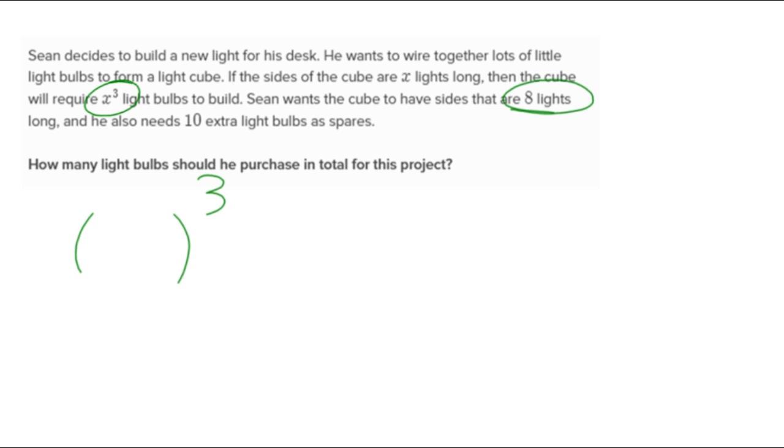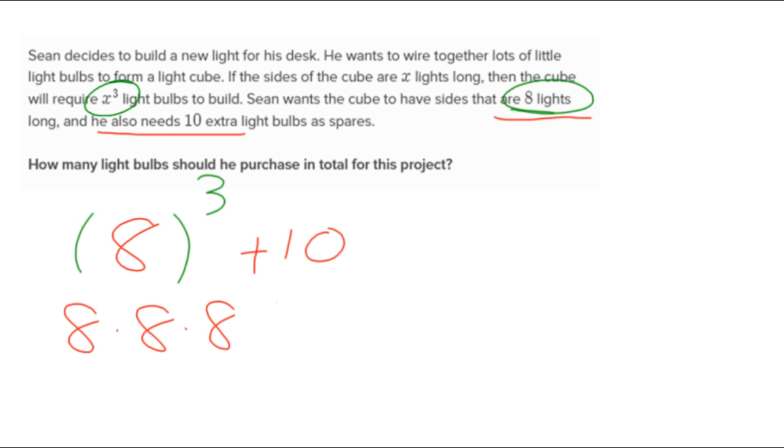That number is going to be the 8. But notice it also says we need 10 more lights. So add 10.